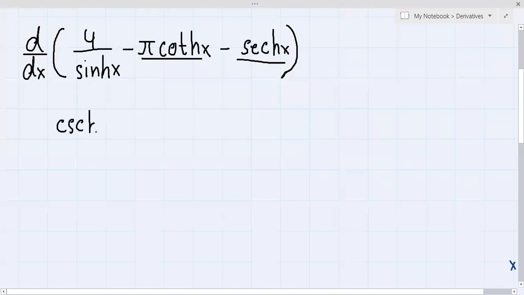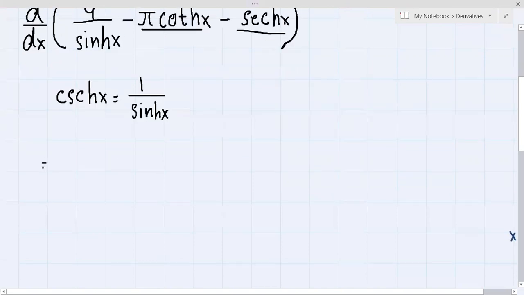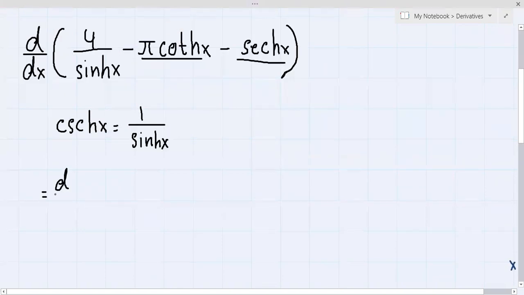Recall that cosecant hx is just the same as 1 all over sinh x. Let me rewrite the given. When I separate the 4 to the side, we will have 4 times 1 all over sinh x. This is how it will look.